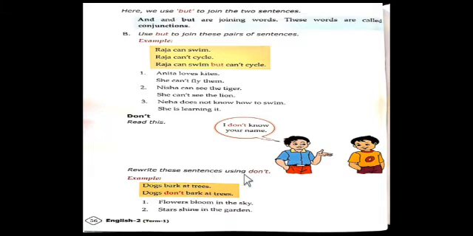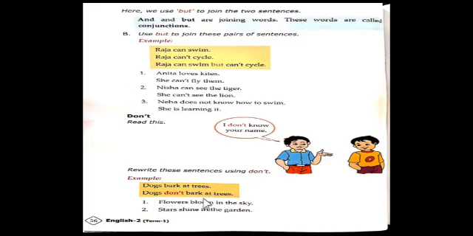Rewrite these sentences using don't. One example has been given here. Dogs bark at trees. Is it right? How do you make the sentence in the negative form? By using the word don't.